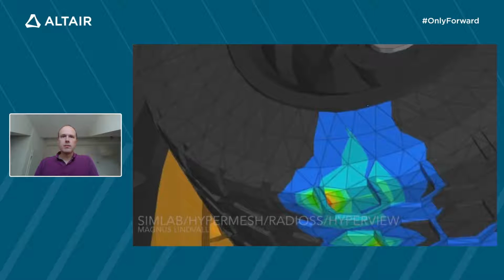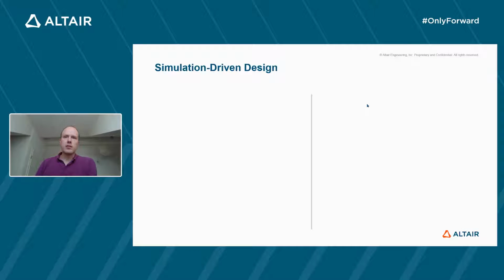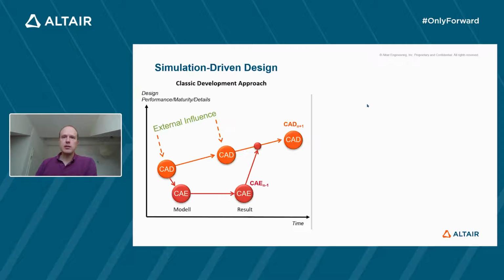Using simulation in this sort of validating an existing structure might be useful, but it might also come with a big flaw, because as you could see here, the seatbelt flaw is seen in the development process at a very late stage.